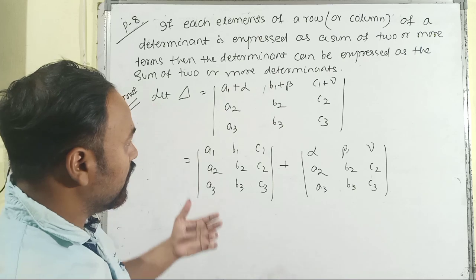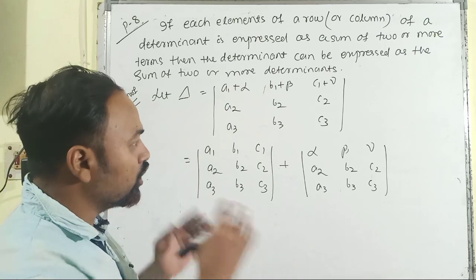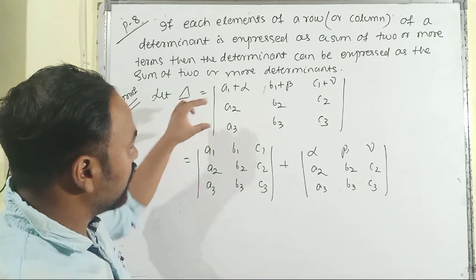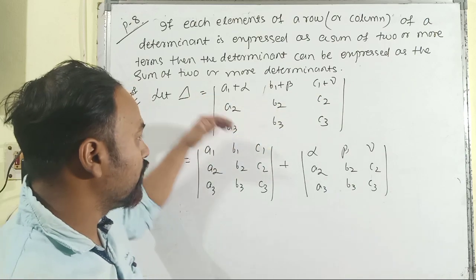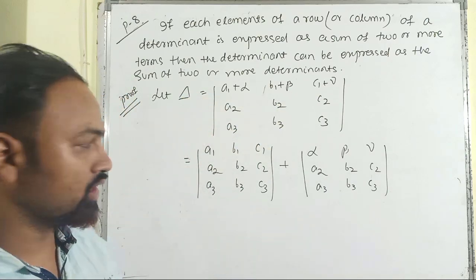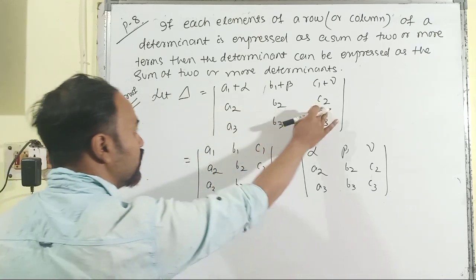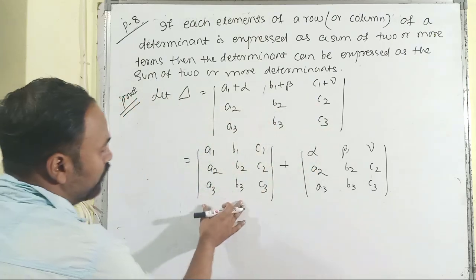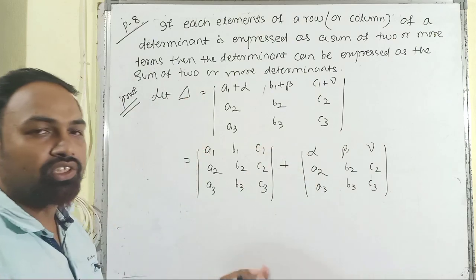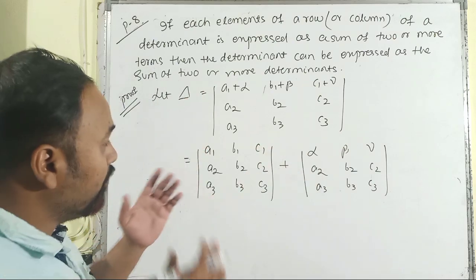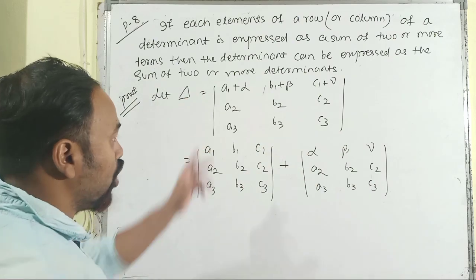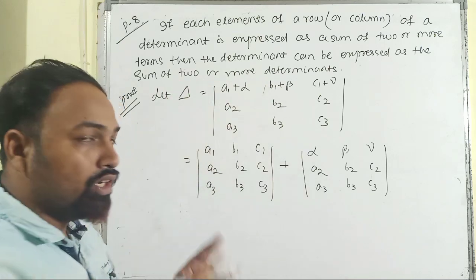Whenever we separate, we have to consider all of the rest of the terms of row 2 and row 3 as unchanged in both of the determinants. That means we write a2 b2 c2 and a3 b3 c3 in both determinants in an unchanged manner. But we have to separate the terms of the first row into 2 types.